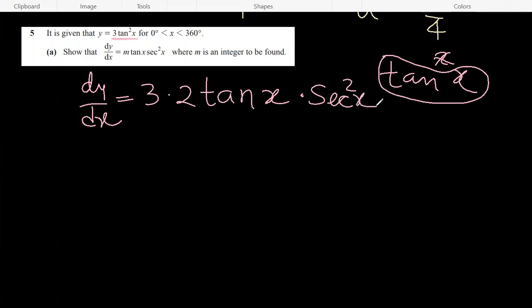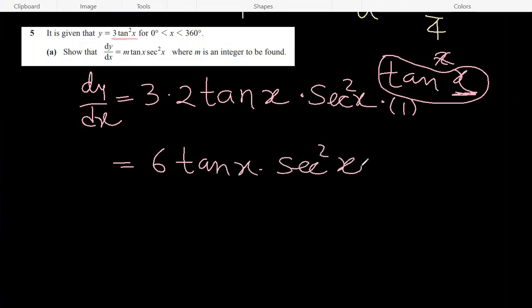And further, we have to differentiate the angle. The angle is just x, so its differentiation will be 1. All of them are multiplied. So we get 6 tan x secant squared x. So m is 6.